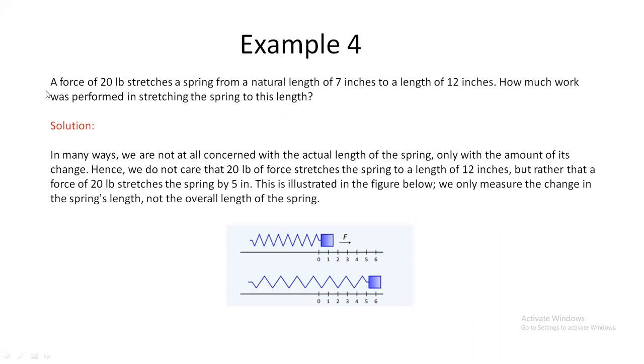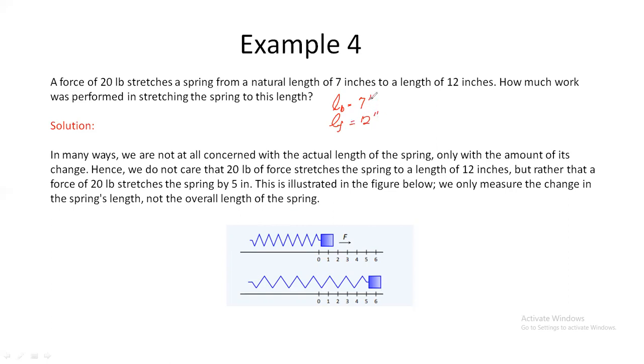So, let's say a force of 20 pounds stretches a spring from a natural length. Take note, natural meaning the original length, 7 inches. The final length is 12 inches.